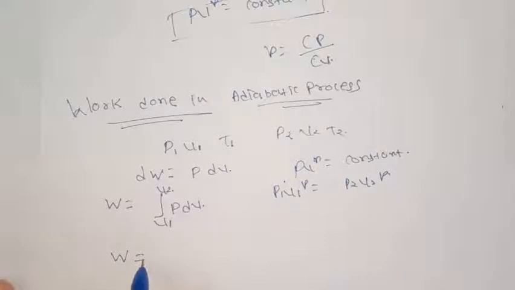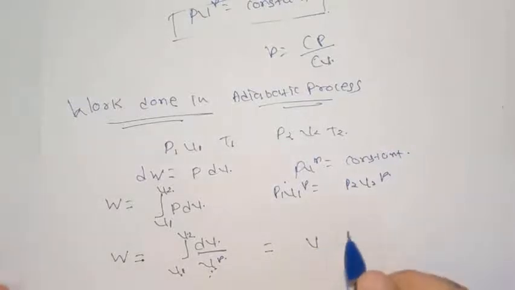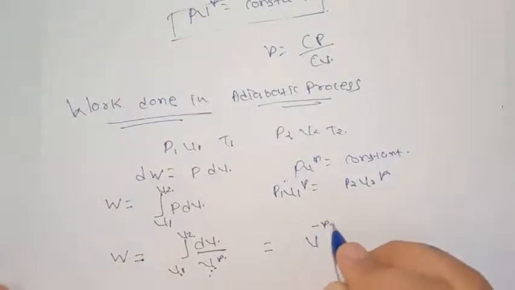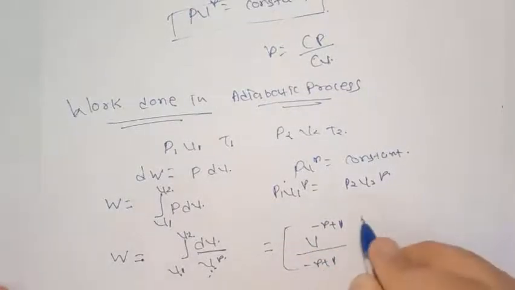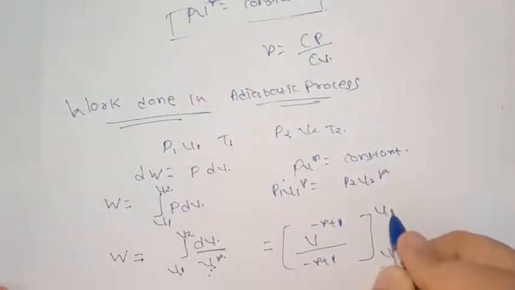So, work done can be written as the integration of dV upon V^gamma, limits from V1 to V2. So the integration of 1 upon V^gamma will be equal to V^(minus gamma plus 1) divided by (minus gamma plus 1), limits from V1 to V2.